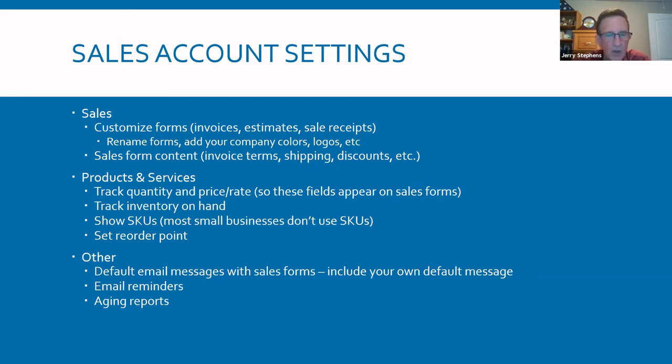It also will show the SKU, although we find most small businesses don't use SKUs. And then from that inventory, you can also set reorder points. So if it's important to you that when you get below a certain level, you get a reminder to reorder that item, it will set that as well.